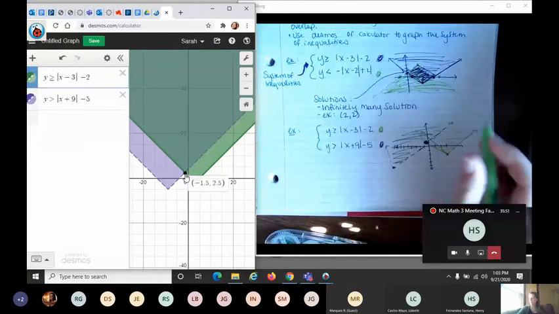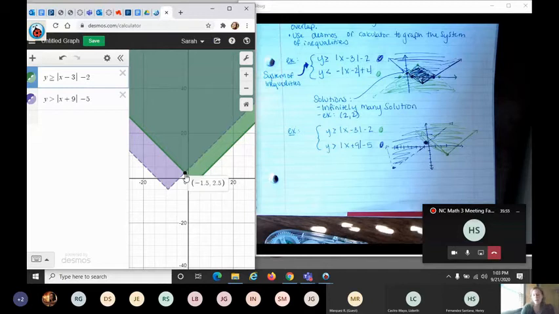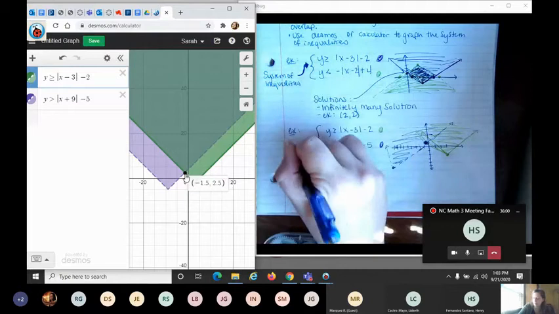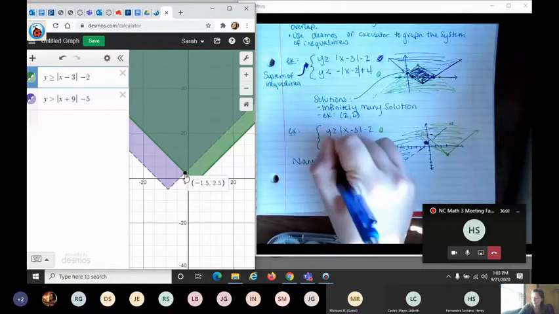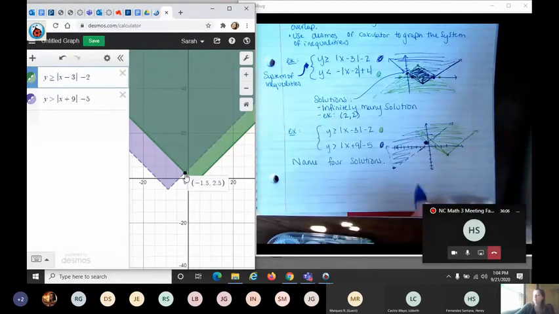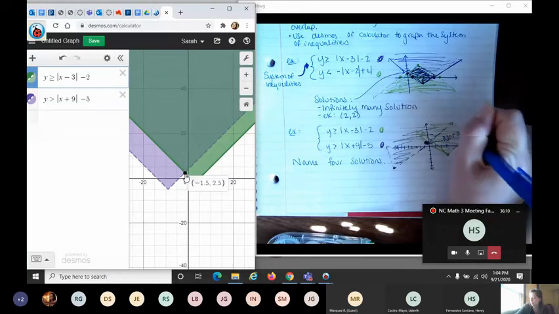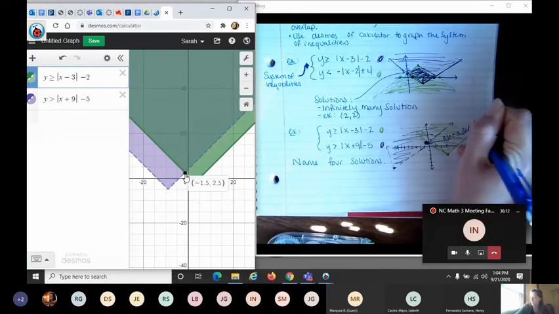So I have my two functions overlapping, okay? And maybe in this problem, they ask you to name 4 solutions, okay? This is not a solution, okay?